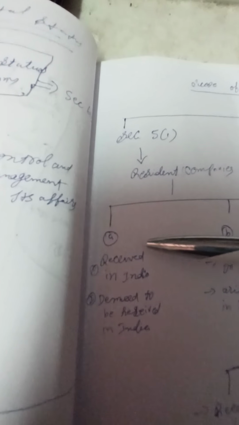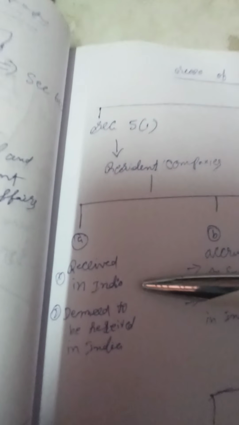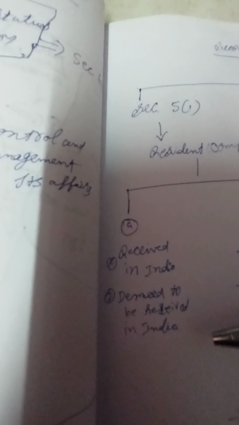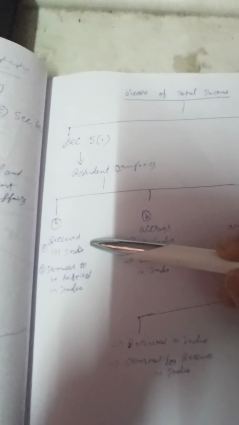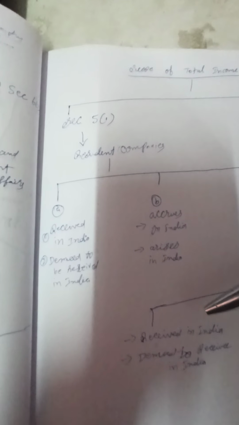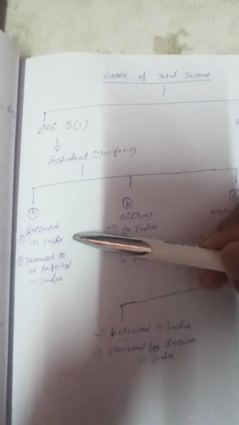First one is any income received in India or deemed to be received in India is taxed in India. Look at the first one: received in India. The work is done in India and taxed in India.